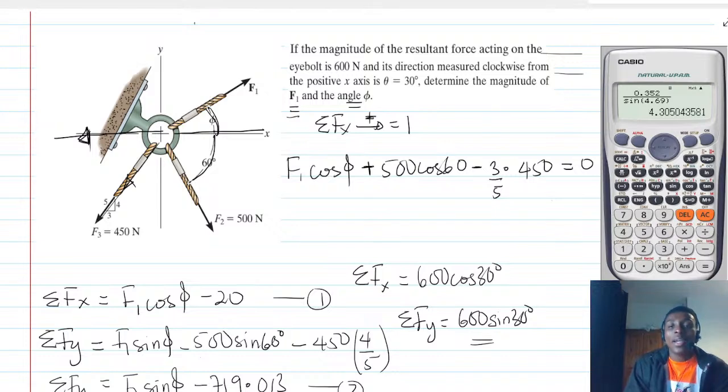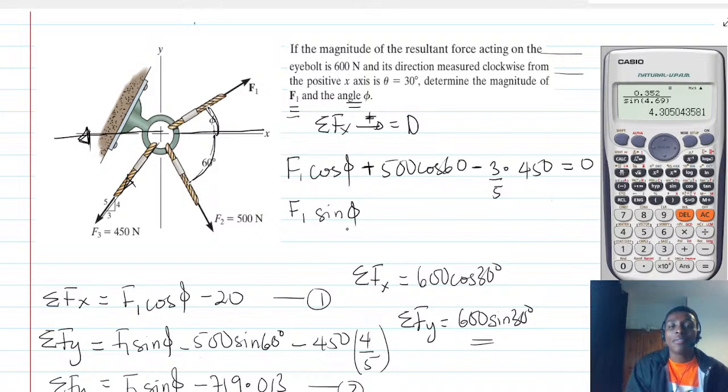All right. Then let me do the y component. The x component will be 0 and the y component will also be 0.